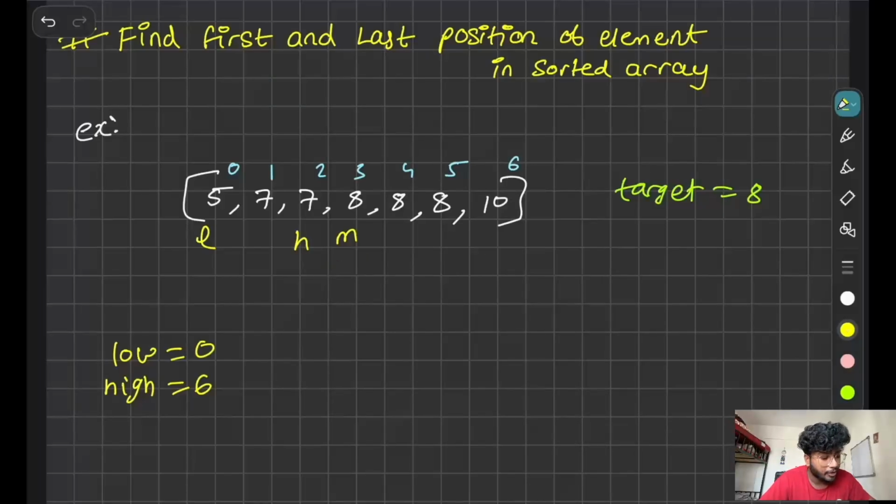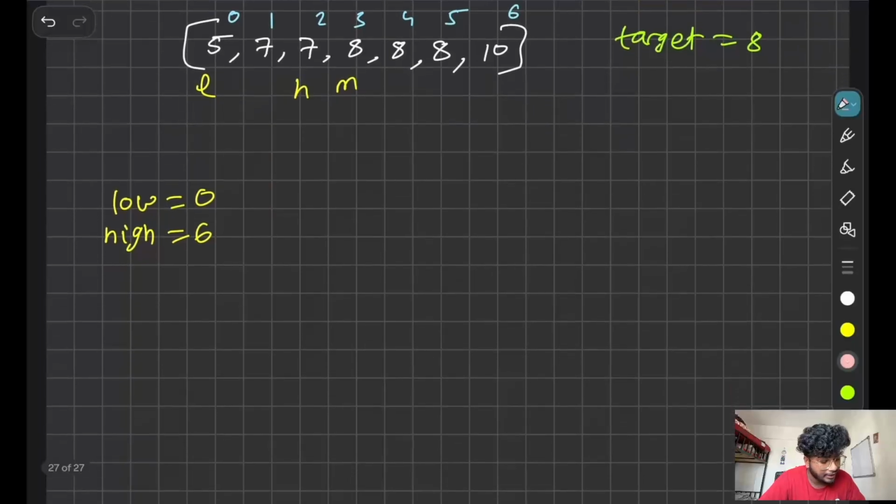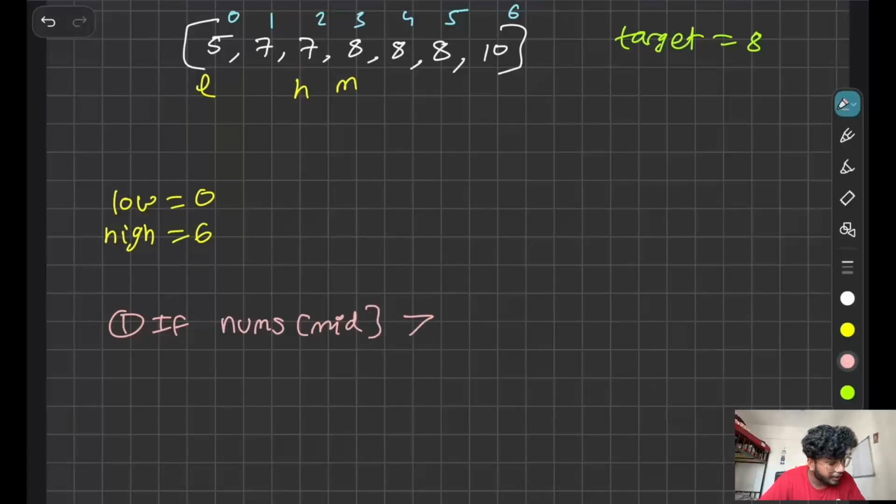So what are we doing? Basically, let's write it down. We are finding the first index in this case. So if nums of mid is greater than or equal to target, then I would search left.